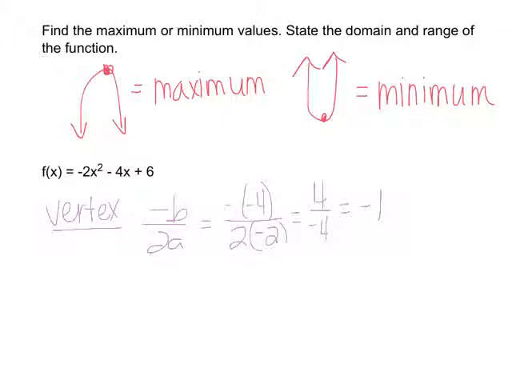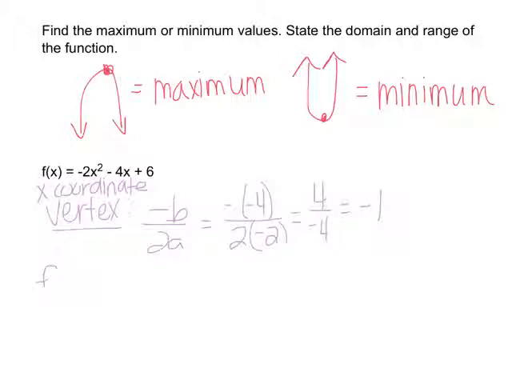So now that I know that that vertex is negative 1, and all we did was we found the x coordinate, I'm going to need to find the y coordinate. So if I already have x, I can go ahead and substitute this in for each one of my x's.